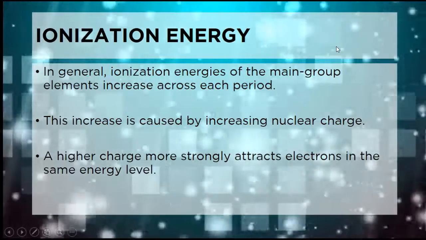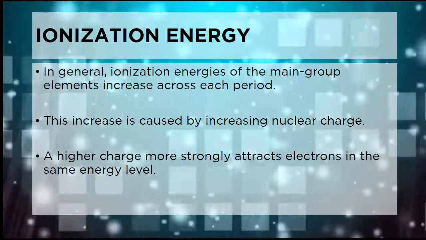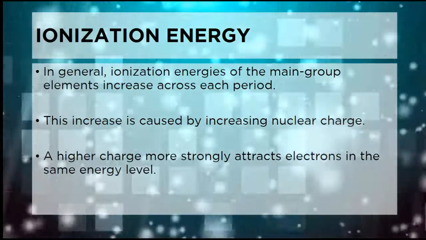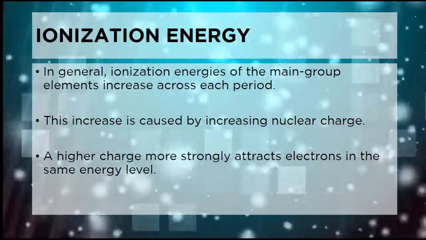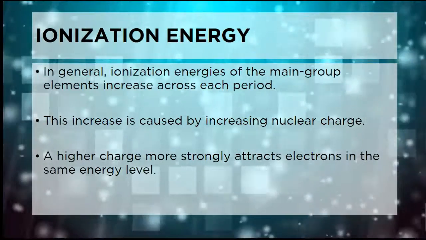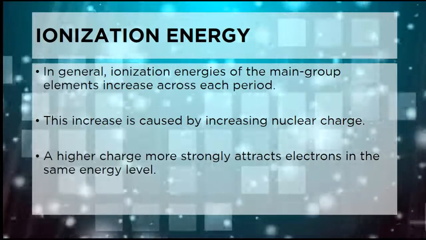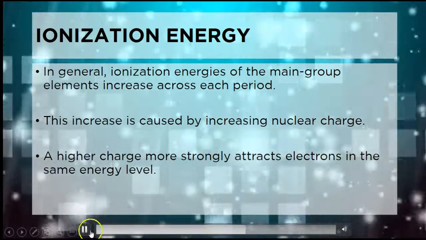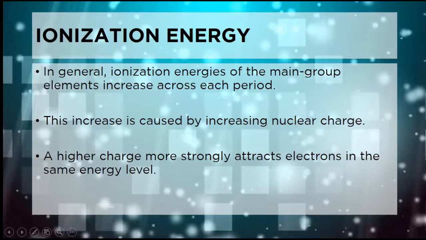Typically in the main group elements, we're going to see an increase across the period. So literally the opposite of size, because what's happening is that increase in nuclear charge not only brings the electrons closer to make the atom smaller, but it also brings the electrons closer in order to make it more difficult to remove an electron.